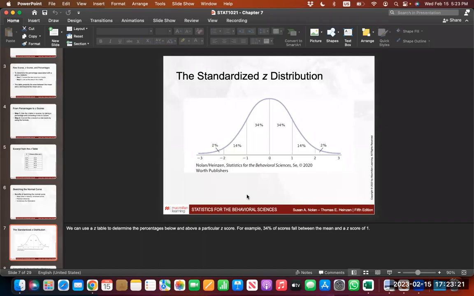What the implication of that is now is that if you have minus 1, that's now 14 and 2. So that's 16%, give or take, 16% of your population is less than your z-score of minus 1.